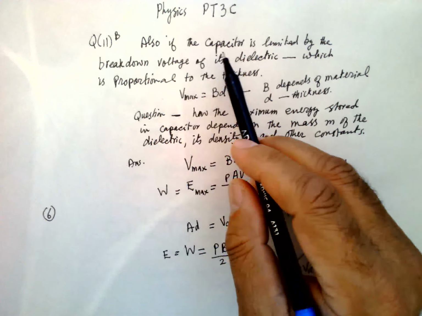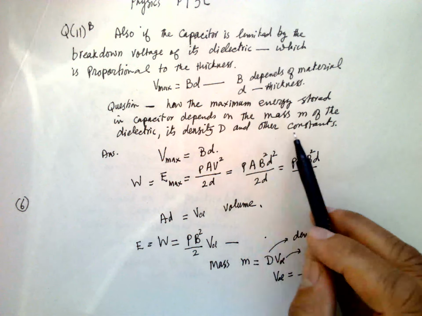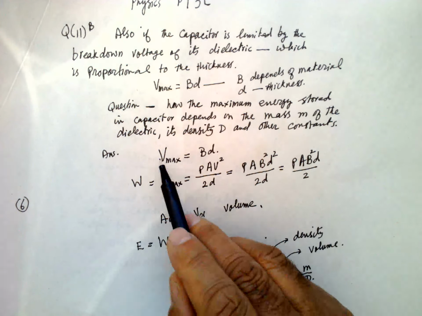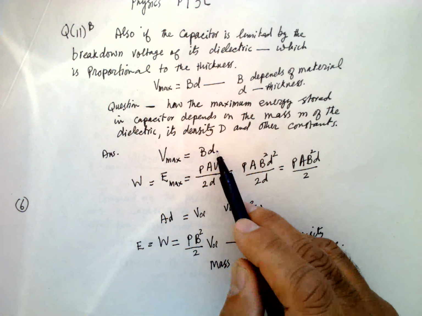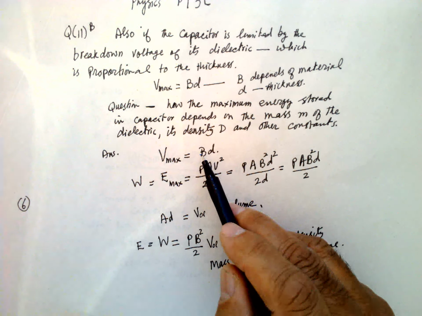The question is how the maximum energy stored in a capacitor depends upon the mass of the dielectric, its density, and other constants. So V maximum is equal to BD.